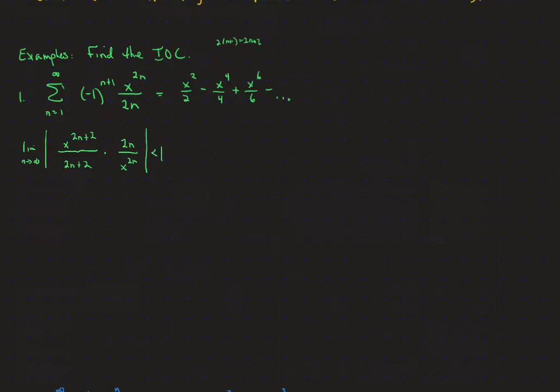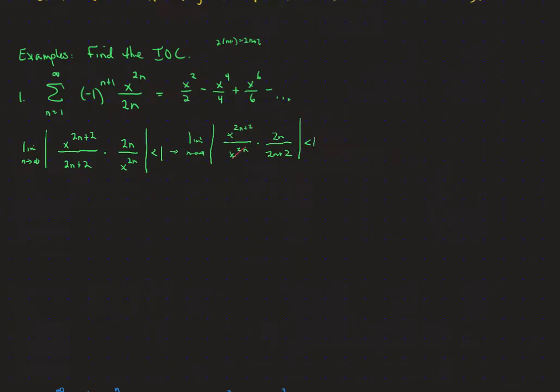I like to write that and rearrange it. You don't have to do it this way, but I'm going to put the x to the 2n plus 2 over the x to the 2n, and we'll write the 2n over the 2n plus 2. And again, we want this to be less than 1.